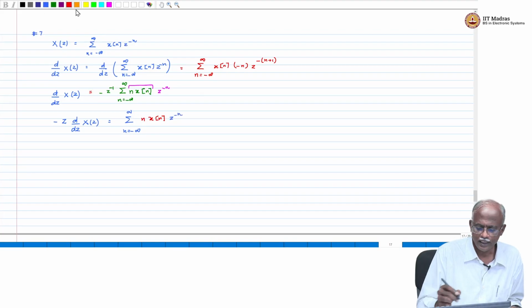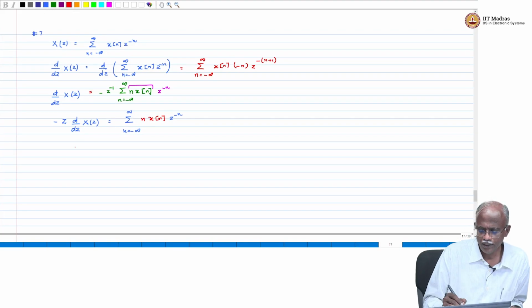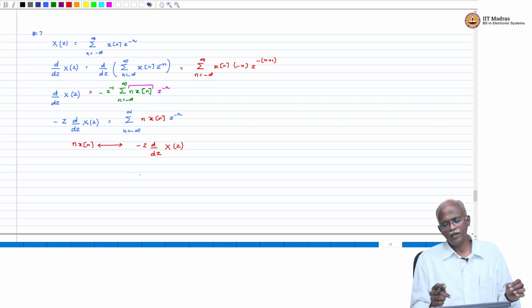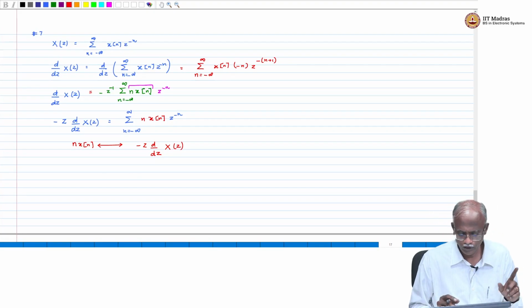So this basically gives us a z transform relationship which says n times x of n can be related to the z transform x of z, of x of n in the following manner. It is minus z d by dz x of z. This is a useful result to always keep in mind.